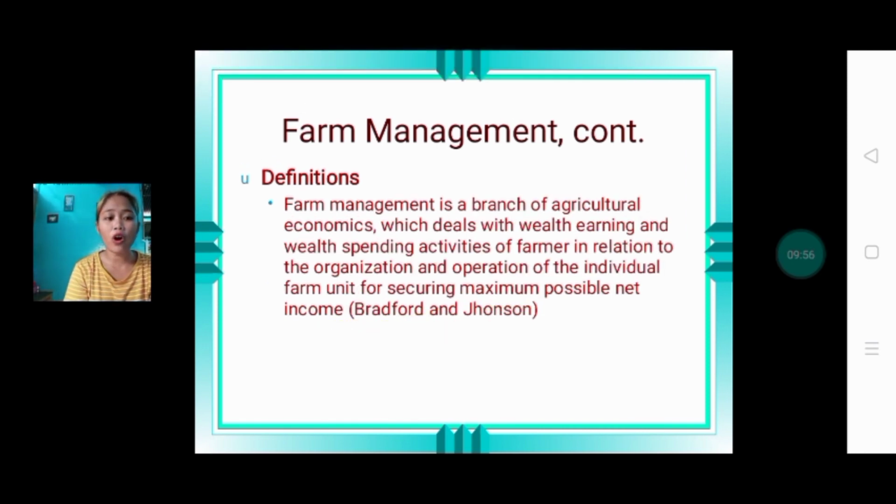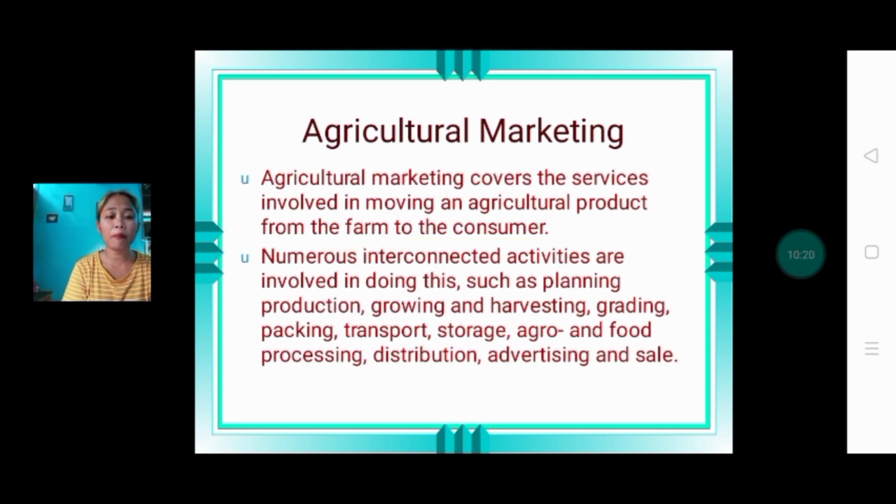According to Bradford and Johnson, farm management is a branch of agricultural economics which deals with wealth earning and wealth spending activities of the farmer in relation to the organization and operation of the individual farm unit for securing maximum possible net income. So those are the meanings of farm management.